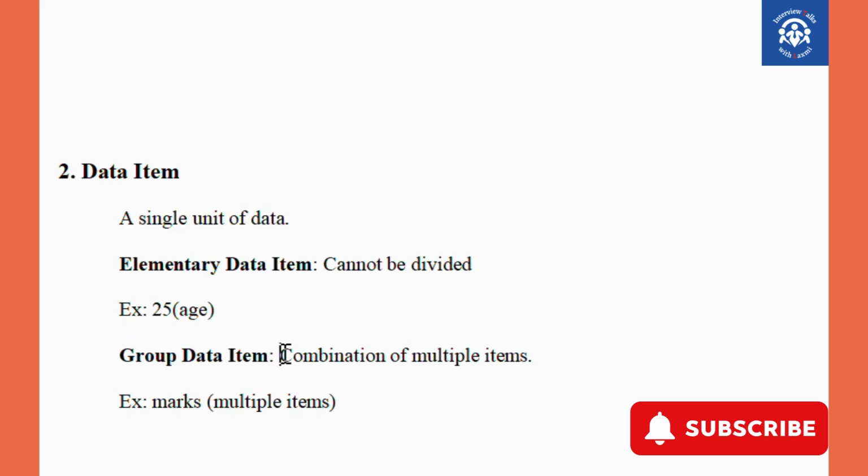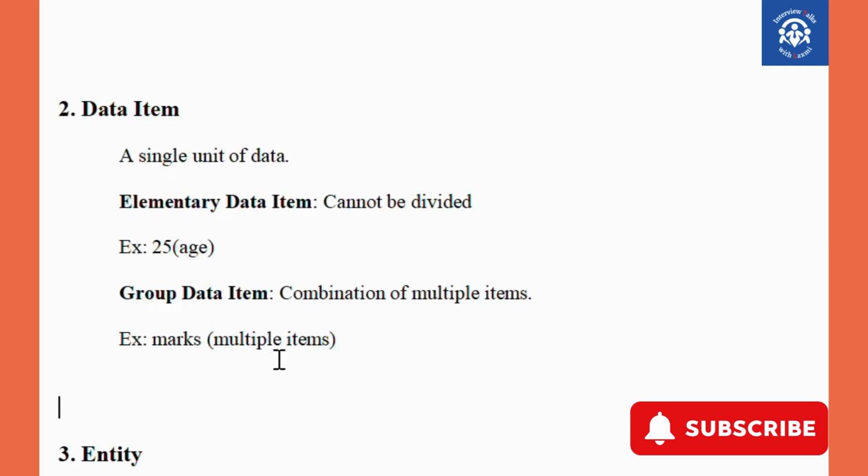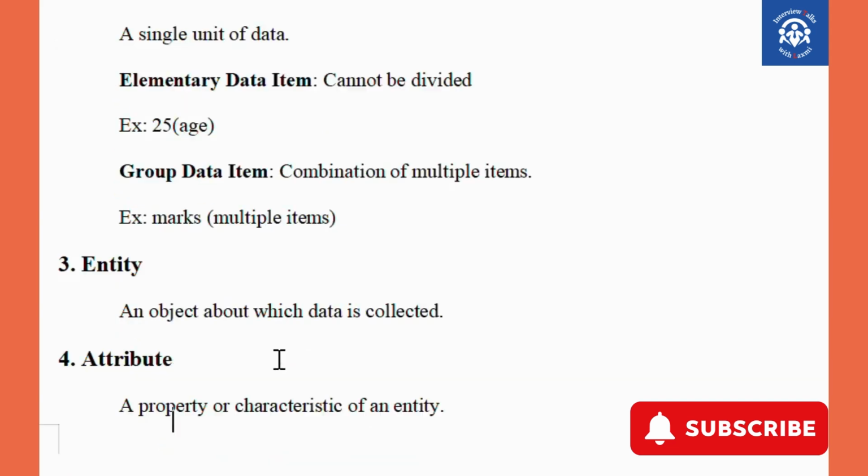Be careful, students. You need to be ready with this basic terminology, because whenever you are learning data structures, you have to know the basic terminology. I am explaining that terminology here one by one, so listen carefully, so that you will understand something.